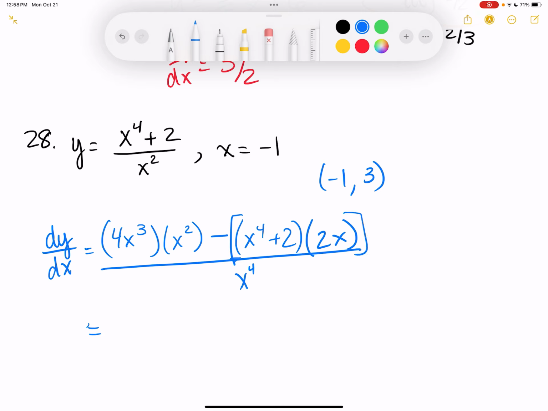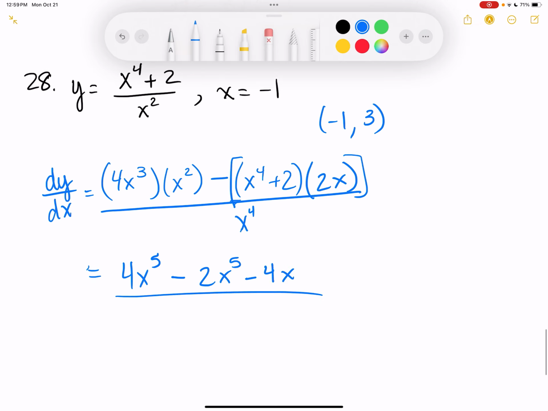So I've got 4x to the 5th minus 2x to the 5th minus 4x, all over x to the fourth.